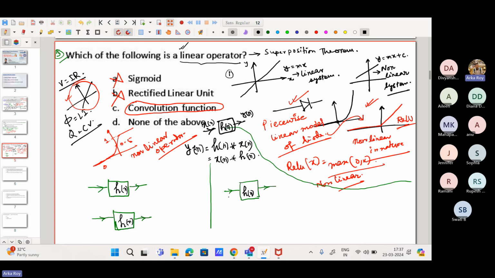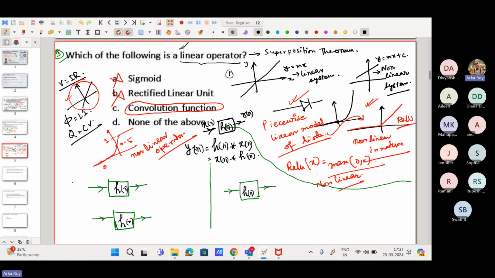If the output equals the total output of the inputs fed separately, then the superposition theorem holds. Otherwise, it does not.